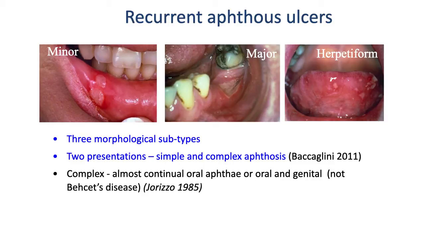Patients may have simple aphthous ulcers, in other words, one of those three, intermittently occurring, or they may have complex aphthosis, which is when the ulcer episodes tend to merge into each other, or oral ulcers are associated with genital ulcers, but the patient does not fulfill the criteria for Behçet's syndrome. I should mention at this point I'm not going to talk about Behçet's.